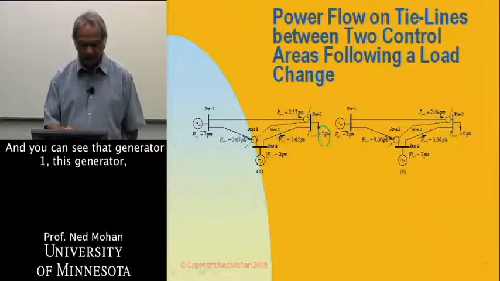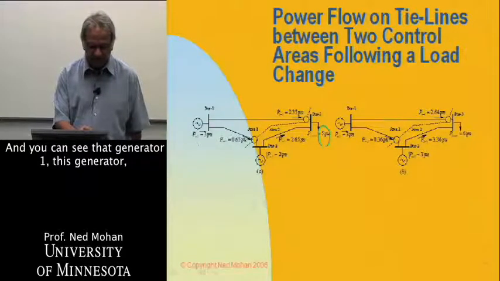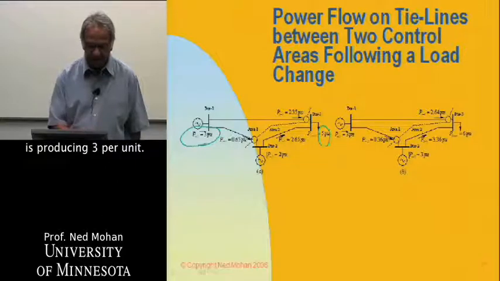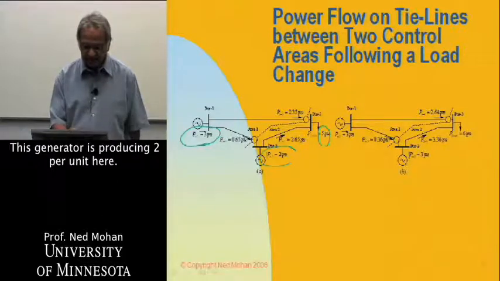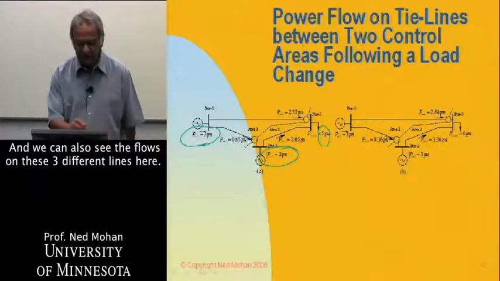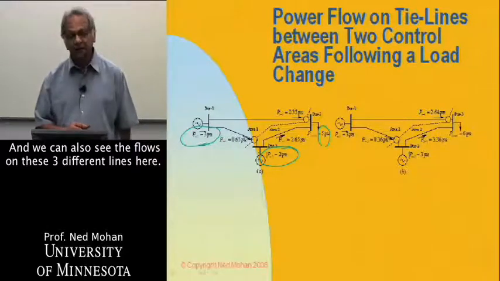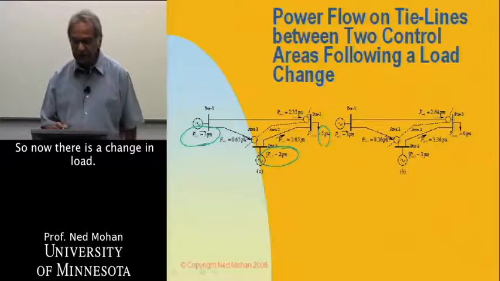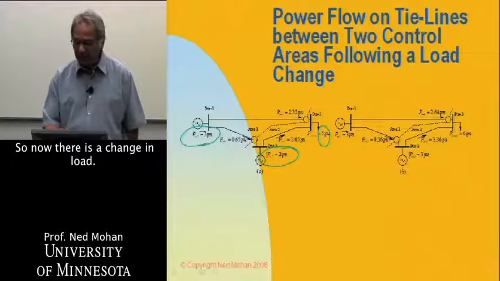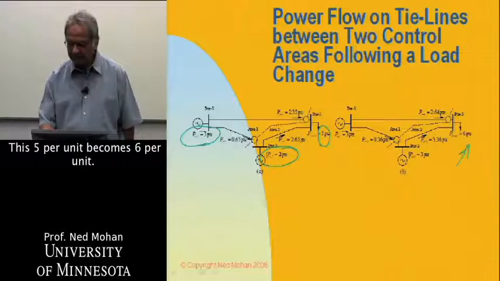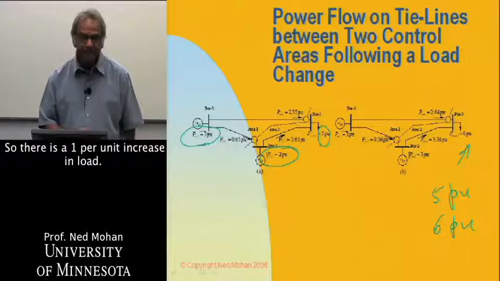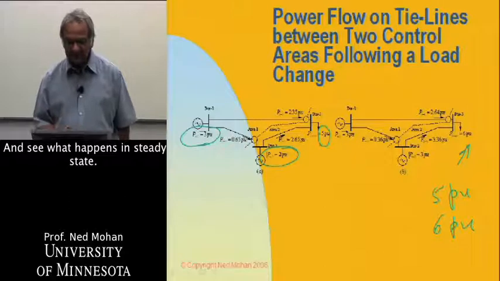You can see that this generator is producing 3 per unit and this generator is producing 2 per unit. You can also see the flows on these 3 different lines. Now there is a change in load. This 5 per unit becomes 6 per unit, so there's a 1 per unit increase in load, and we see what happens in steady state.